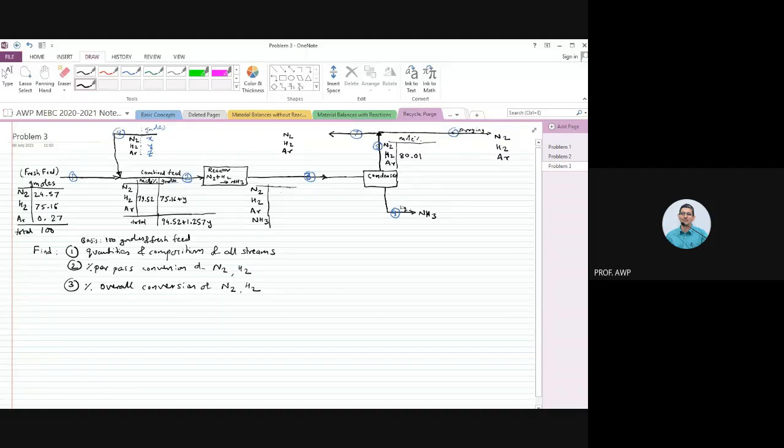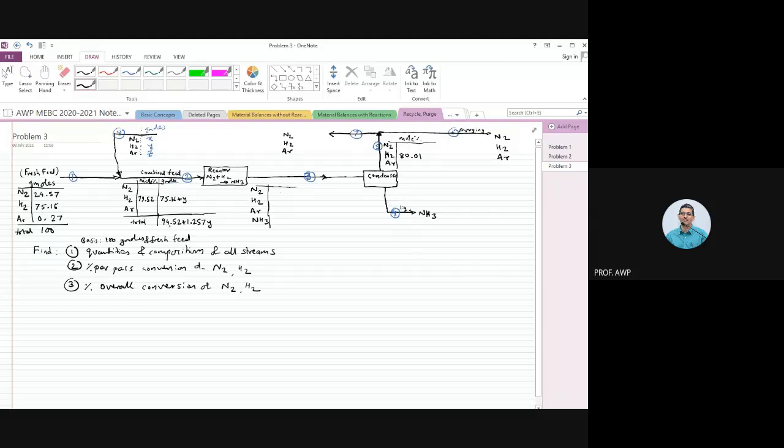Unmute yourself and ask. Because hydrogen is 79.52, stream number 2 will just be the addition of stream number 1 and stream number 8. So hydrogen in stream number 2 would be 75.16 plus Y, and that corresponds to 79.52 mole percent.